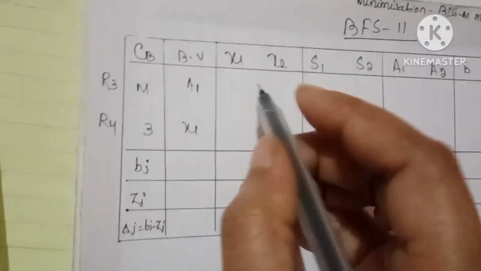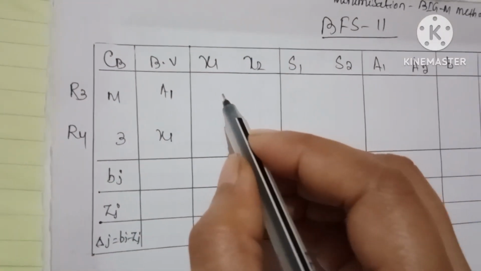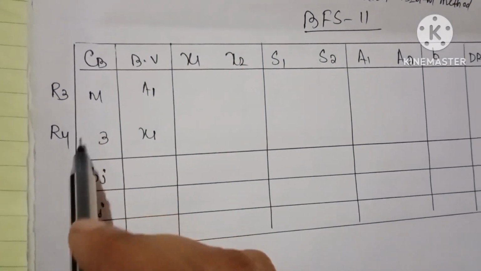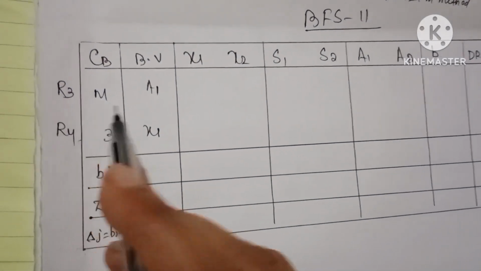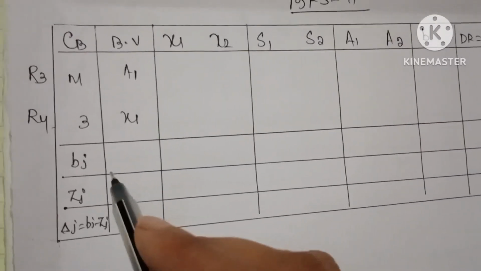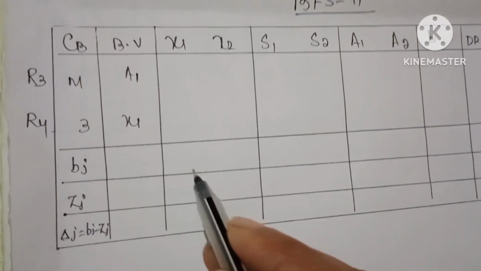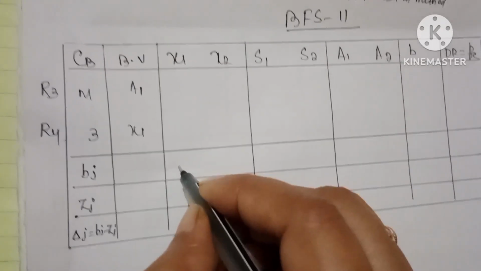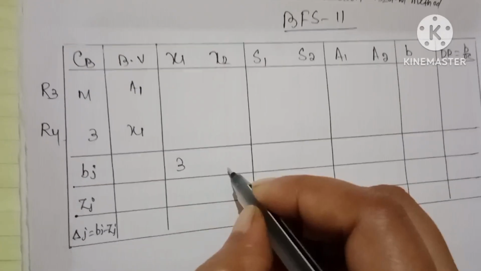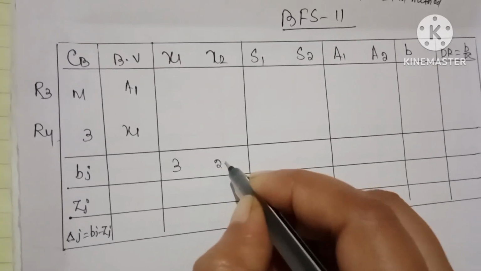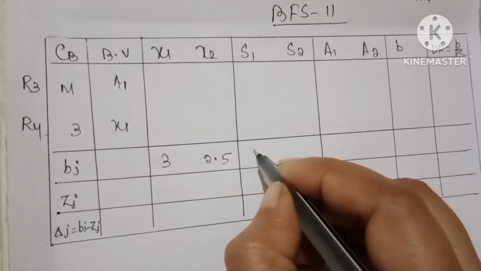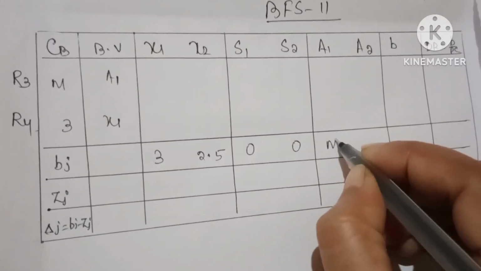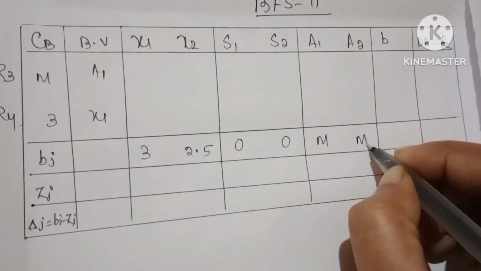This column will remain constant, so we'll write the values of Bj: x1 is 3, x2 is 2.5, s1 is 0, s2 is 0, and for a1 it is M, for a2 it is M.